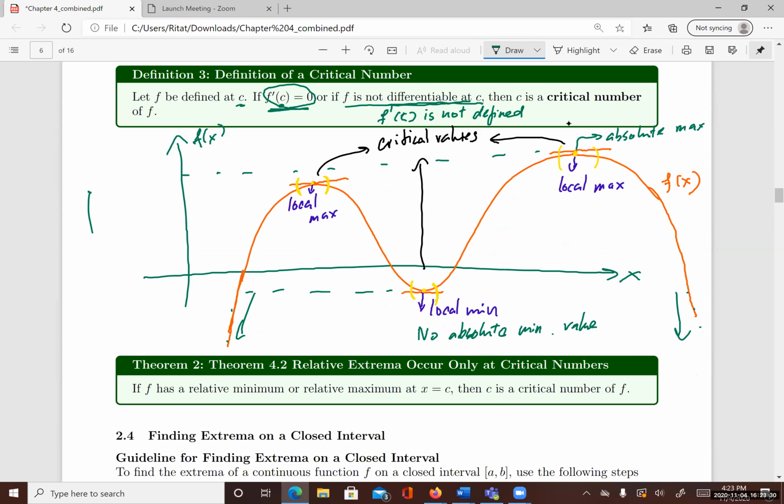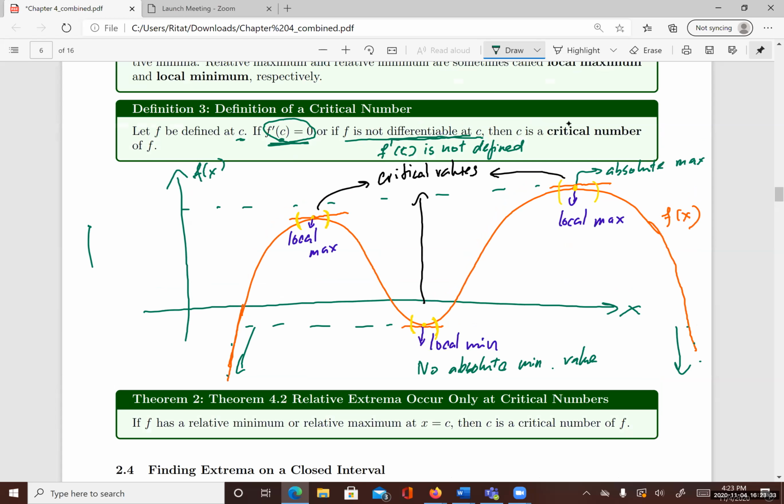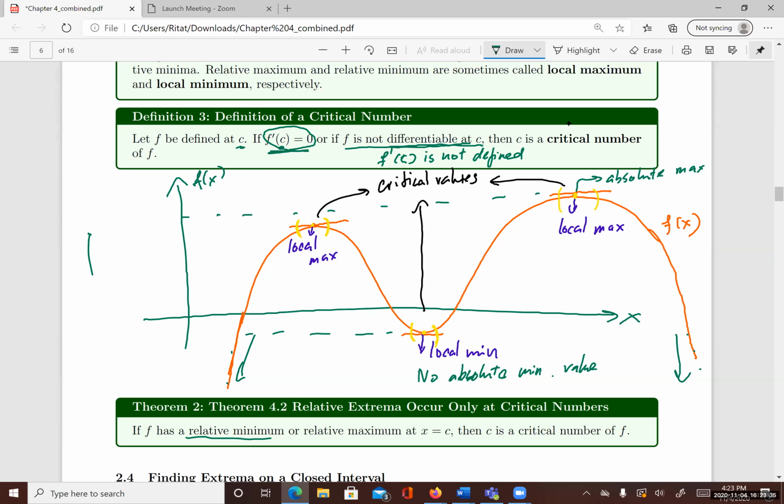All right. So the theorem says if f has a relative minimum or relative maximum at a point x equals c, then c has to be a critical number of f. So if you can find a local max or local min value of the function, then those points have to be among the critical values of f.